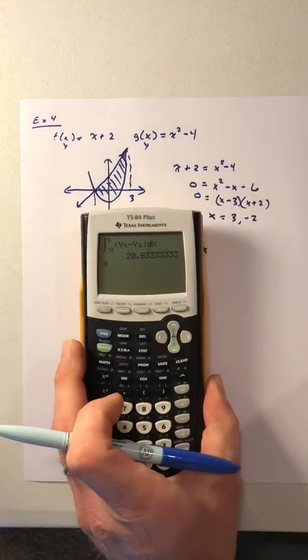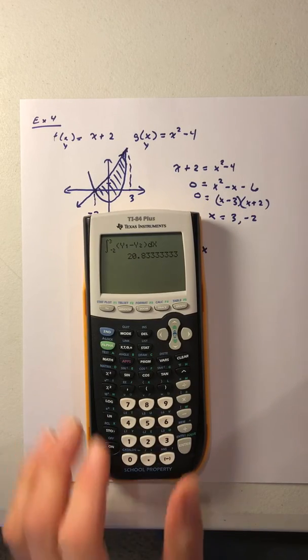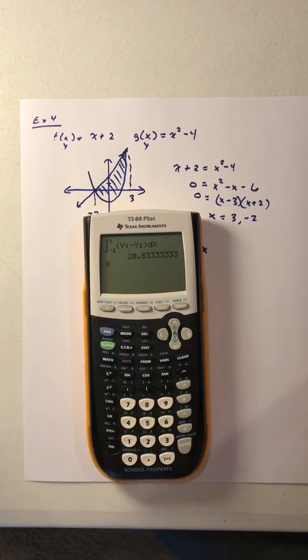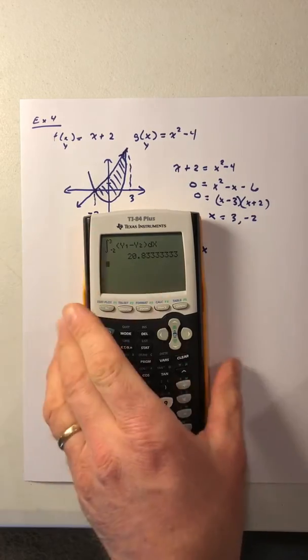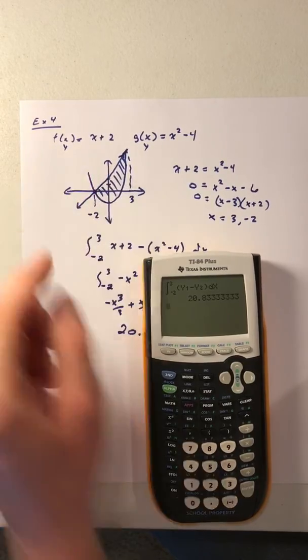Now the question is, what happens if you don't get the right top curve and the right bottom curve? What happens if we were to have taken y2 minus y1? Well, remember, if we take y2 minus y1, we're taking lower values minus the higher values.